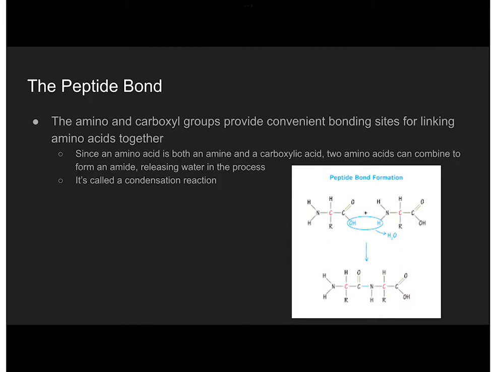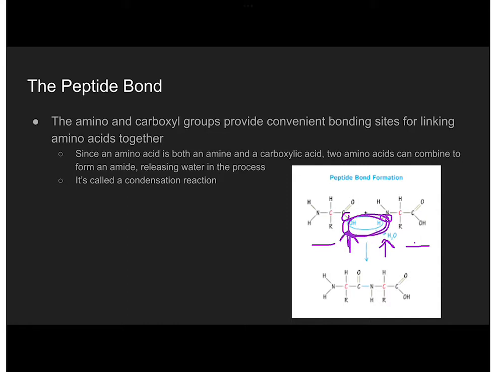So you can see 2 amino acids side by side here and here, and this carboxylic acid group of the left amino acid is going to bond to this amine group on the right hand side amino acid, and in doing so they're going to bond here and here, which means that these 2 have to leave, and that's where you get your water for your condensation reaction.